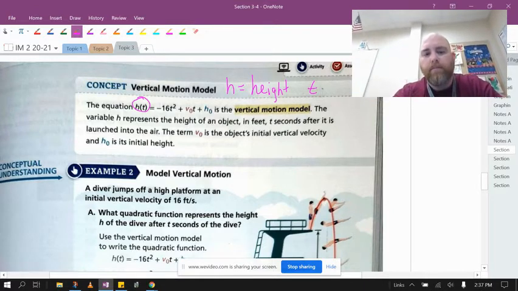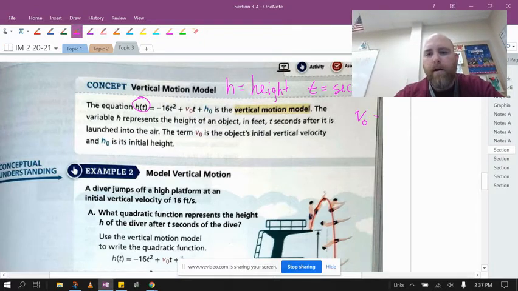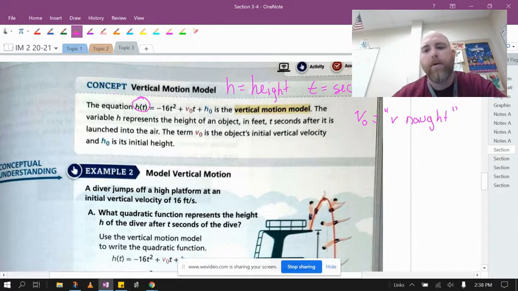And t is, well, the seconds. It's for time. I've already talked about h and h of t. t is our seconds. v naught. So the way we say it, v naught. Not N-O-T, but naught. Same thing with h naught.